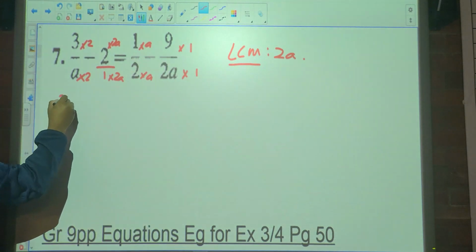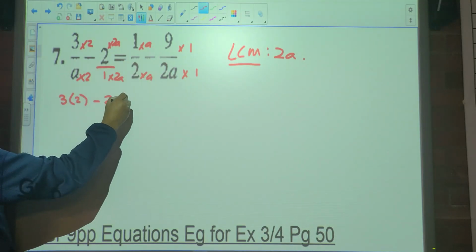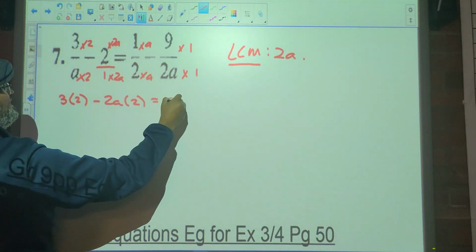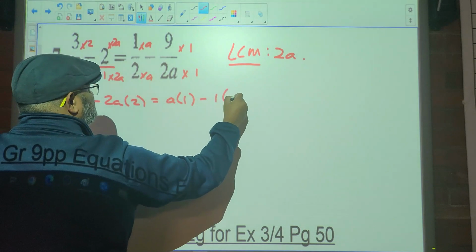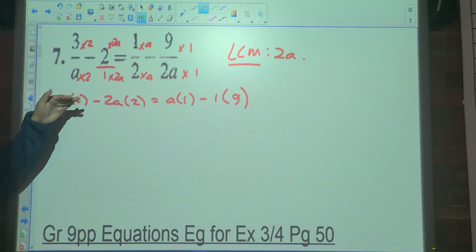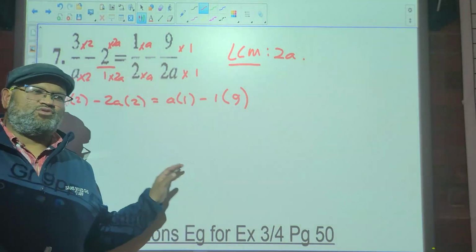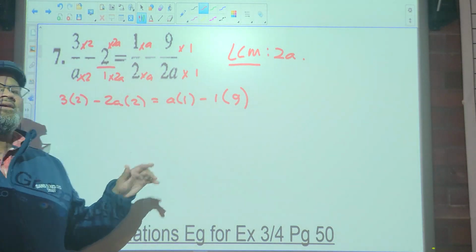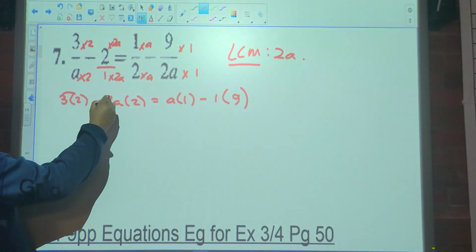So what do we have? 3 by 2 minus 2a times 2 equals a times 1 minus 1 times 9. What value can a not be equal to? 0. Okay. So if a is 0, then this one will also be no solution. Not so? Right, let's check.